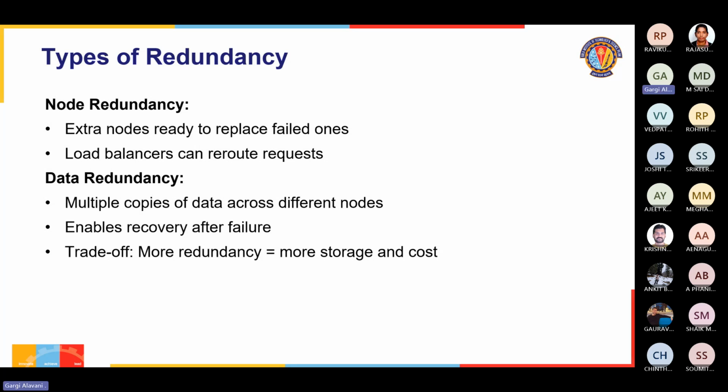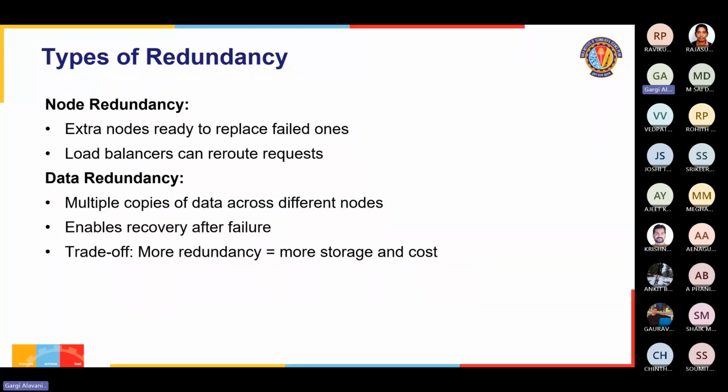Obviously, how to choose between the two is the trade off. More redundancy improves reliability but also increases storage cost and sometimes update overhead. So the design of your system must balance these factors as well. That is the increasing cost and increasing storage and update overhead.